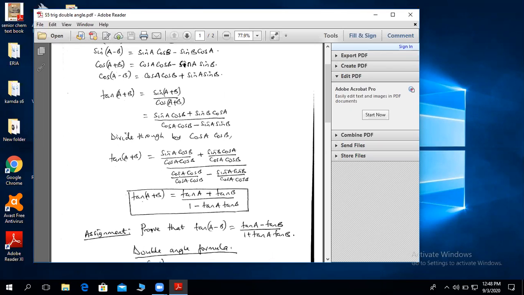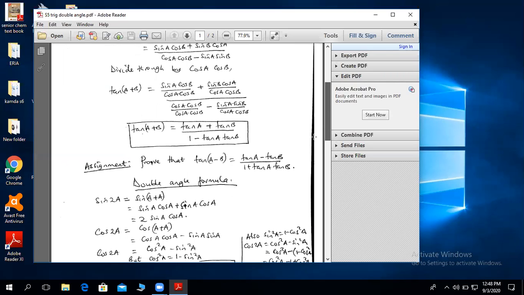Then you expand, and the expansion for sin(A-B) is this, and the expansion for cos(A-B) will be this one. Then after you divide by cos A cos B, it will give you exactly what I want you to prove. So that one I have put there for you as an assignment. I want you to prove it, and you can send it to my inbox. No problem with that.